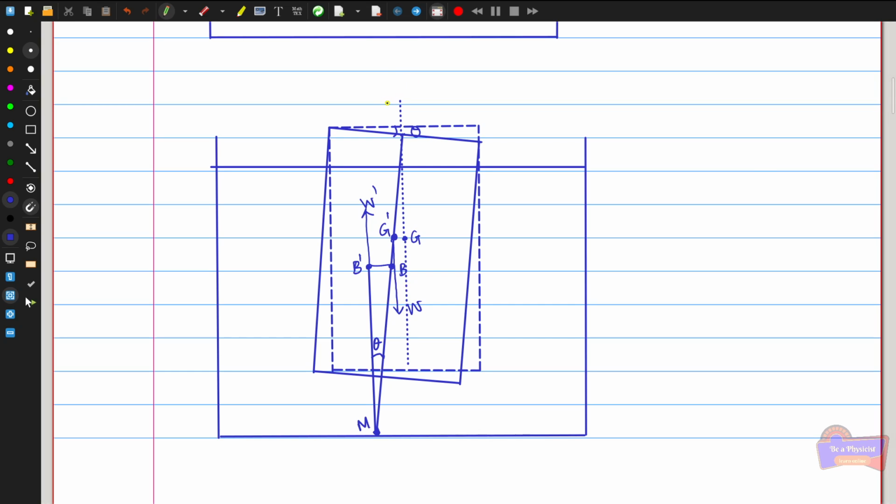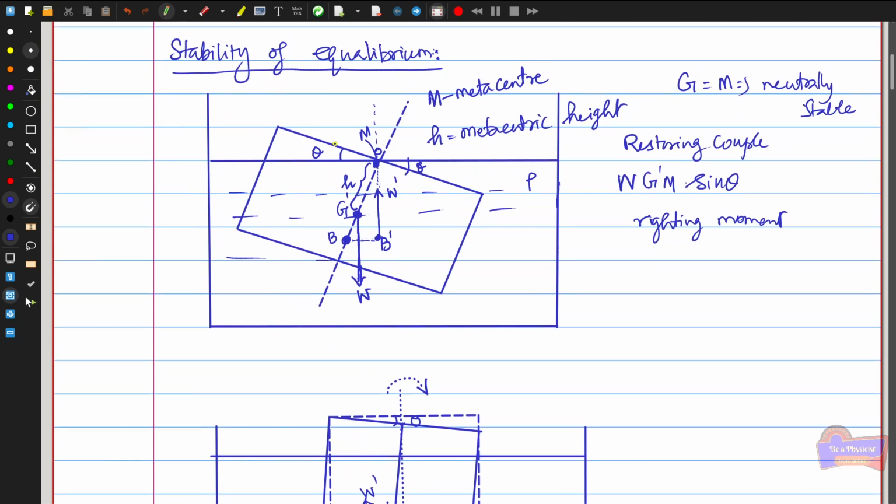For example, if it is tilted in this direction, the couple is trying to rotate the object in the same direction in which it has been tilted, so the object will not come back to the original position. Due to this rotation, the object goes further away from the original position.